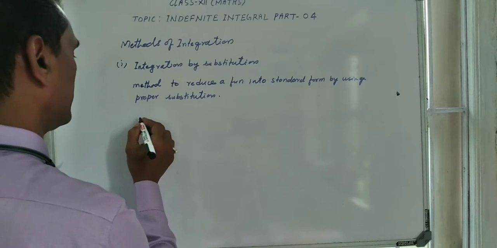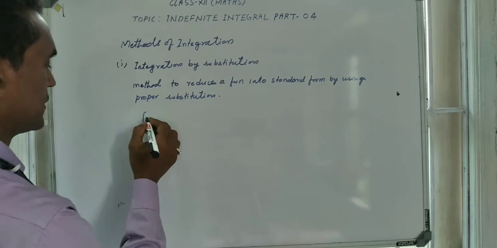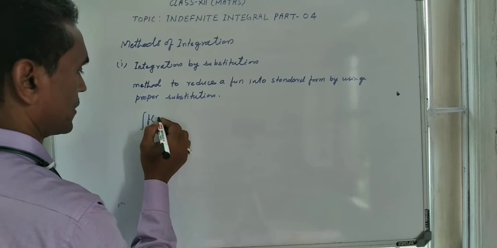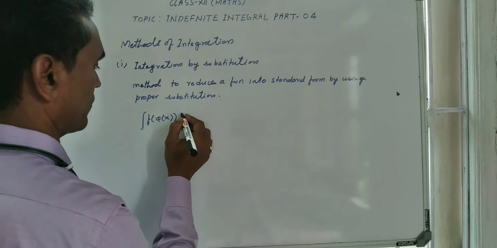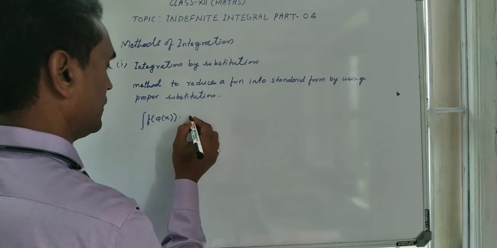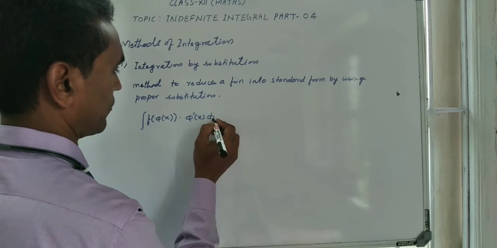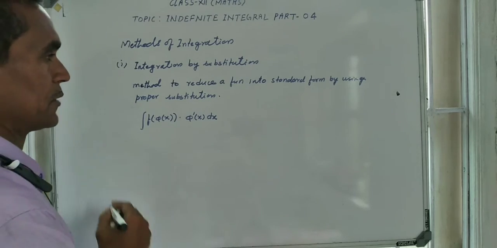In this method, generally we apply this method in this type of function. Let this be a function f of phi, and phi is a function of x, and the derivative of phi is given in product form. So in this type of function we apply substitution.